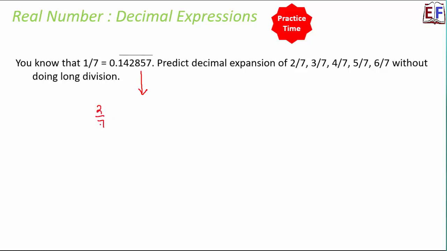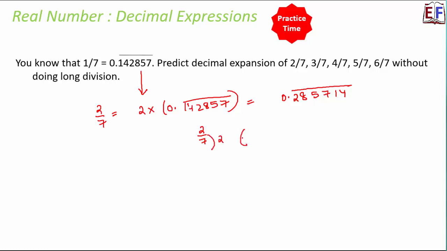So 2 by 7 will be equal to 2 multiplied by 0.142857 bar. So this becomes equal to 0.285714 bar. So in a similar way, you can find out 3 by 7, 4 by 7 and so on. And for your verification purpose, just to verify, I'm showing you, you can actually perform the division method to see if this is what you get. And you will get the same thing.